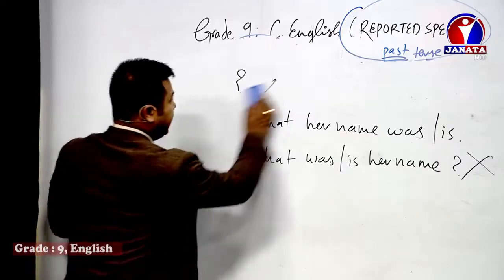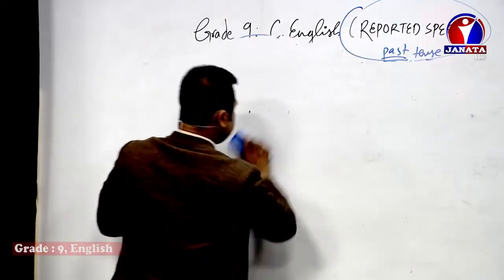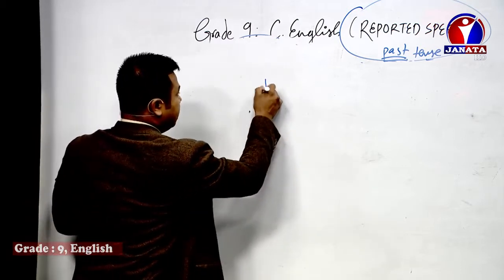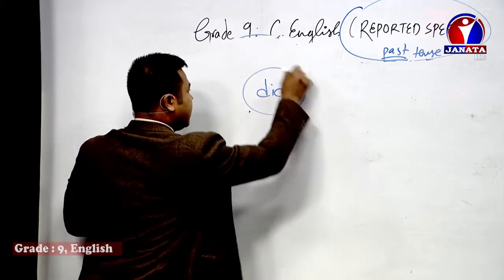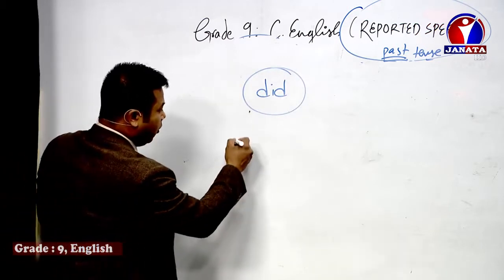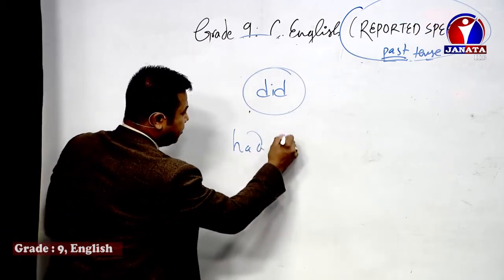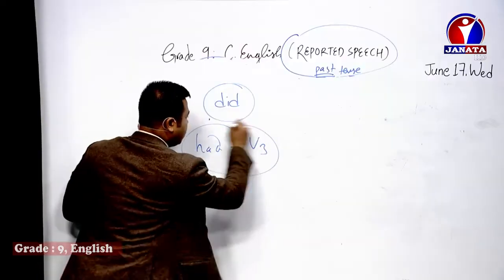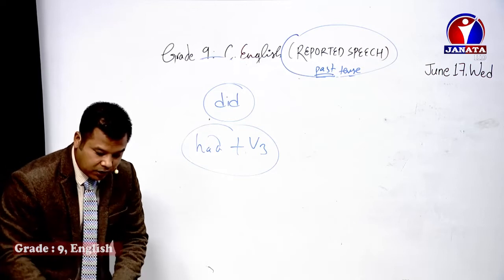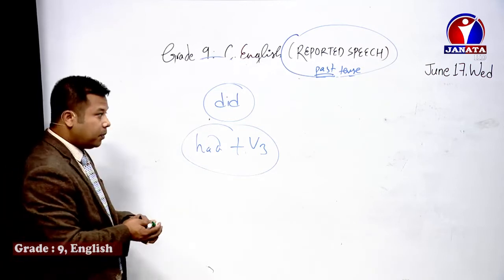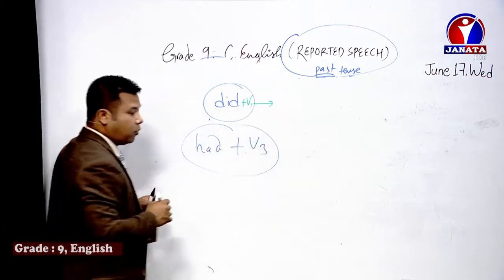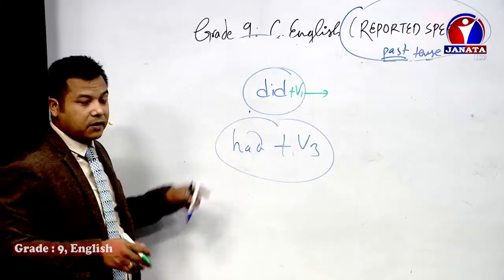Now, the interesting thing here again is to look at the tense. The direct speech has "did," but in the answer you have "had" plus verb 3. Why this transformation? I have already told you this transformation is possible because of the rules. What is "did" plus verb 1?